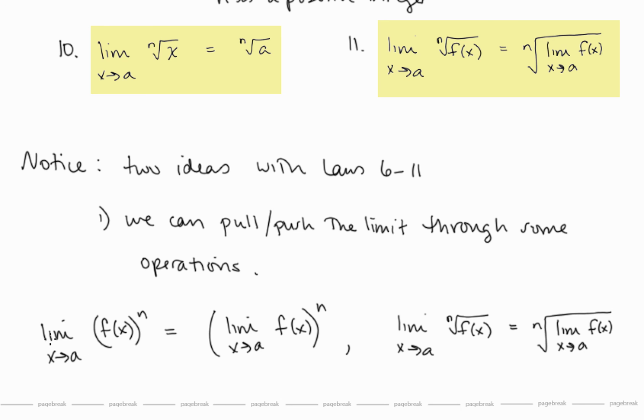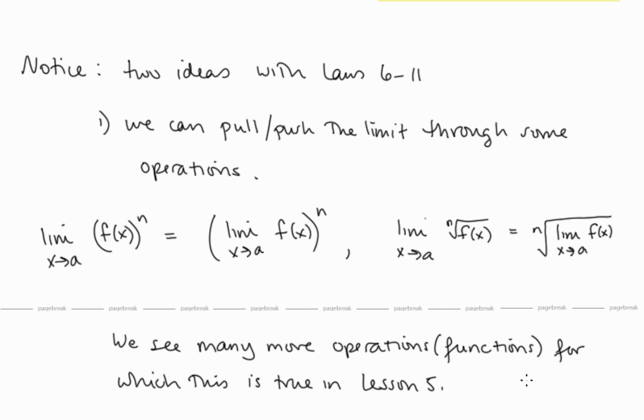So we saw that the limit as x goes to a of f of x to the nth power is equal to, we open the parentheses here, the limit as x goes to a of f of x, all of that taken to the nth power. So we pushed this limit inside the power function. Same thing here with the root function. We push the limit inside the root function. And we're going to see many more operations or functions for which this is true in Lesson 5.